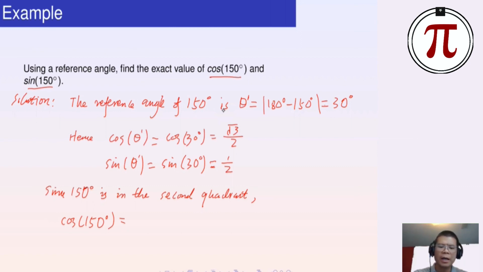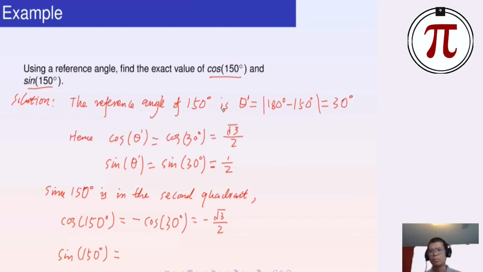So it is negative cosine 30, the negative of the cosine of the reference angle 30, which equals negative square root of 3 over 2. And sine of 150, is sine going to be positive or negative in the second quadrant? Positive, because in the second quadrant the y values are above the x-axis, so y values are positive. So it equals sine of 30, which is 1/2.